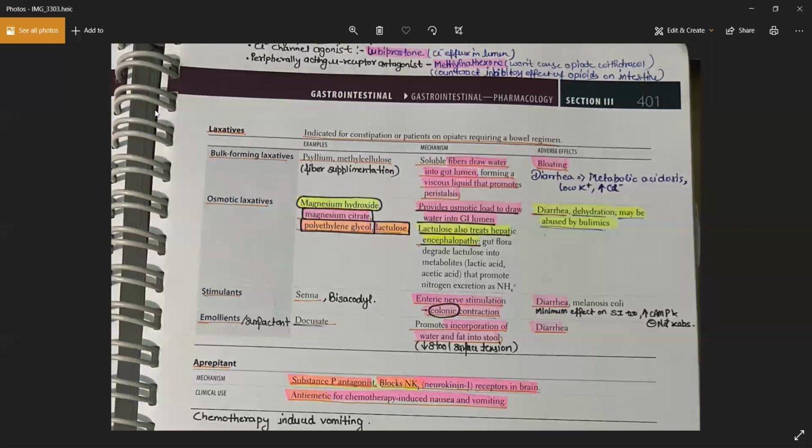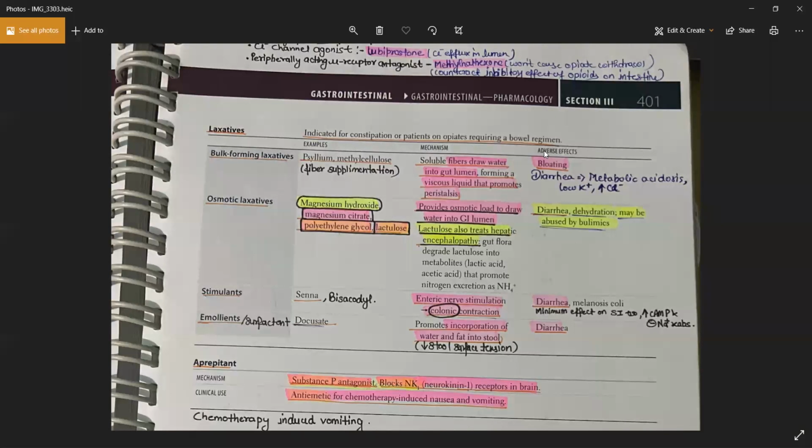Okay, then come the laxatives. Laxatives are mainly indicated for constipation because they promote bowel emptying, right? But certain laxatives can also be given in case of diarrhea. We will discuss that. You can also use these laxatives for the opioid bowel regimen.